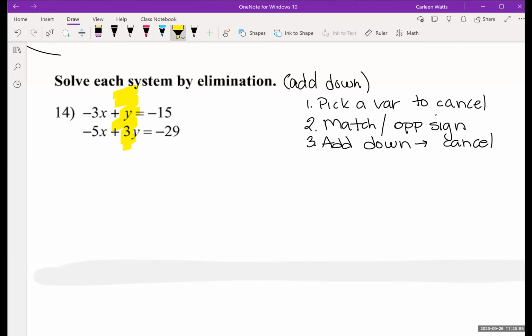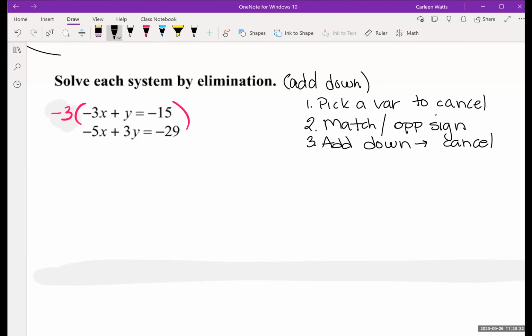If I want my y's to cancel, since I have a positive 3, the coefficient on the top one must be a -3. So we are going to distribute -3 to both sides. Yeah, can you see that my goal is to cancel those y's?